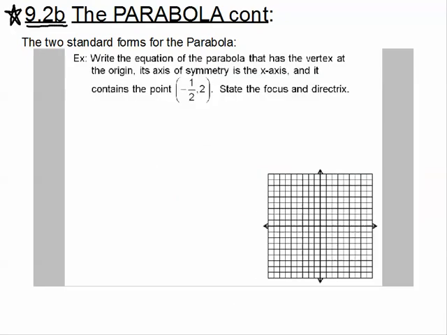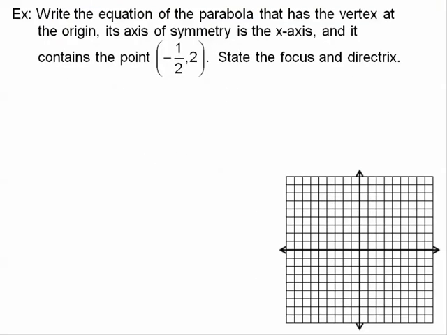This first problem is asking us to write the equation of the parabola that has the vertex at the origin. Its axis of symmetry is the x-axis, and it contains the point (-1/2, 2). So this is actually a point on our parabola.